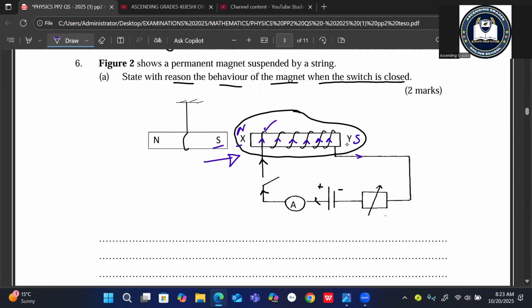Therefore, the explanation you can give is that the magnet is attracted to end X of the electromagnet.